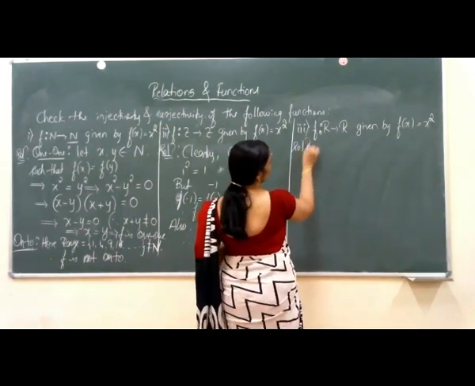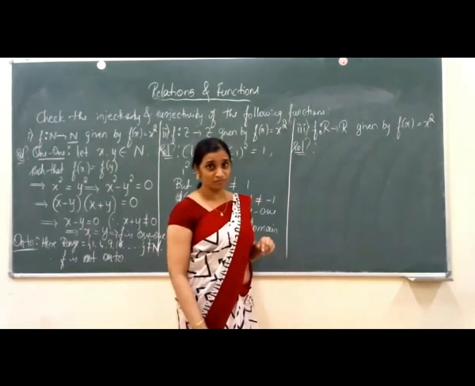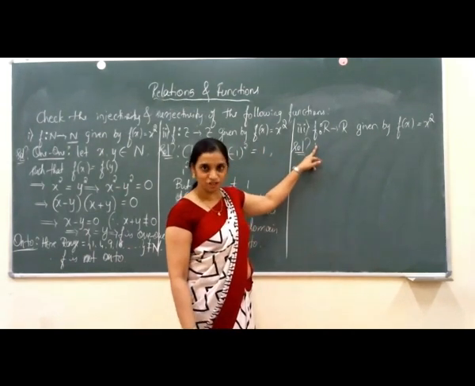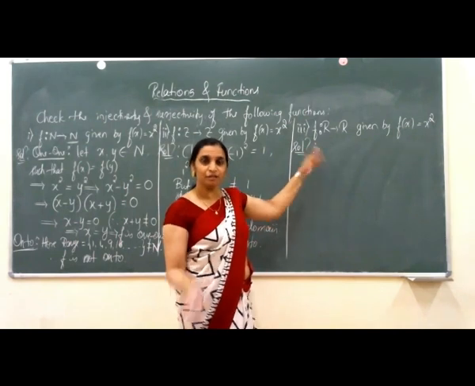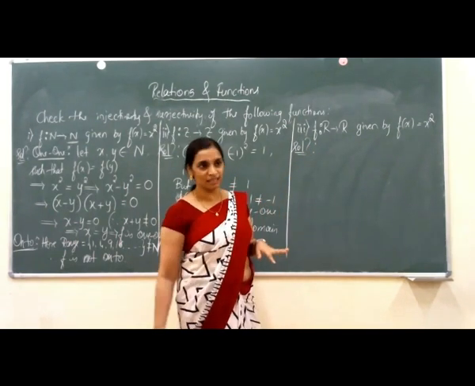Again, here also the function is not 1-1, because when we consider the function f of x is equal to x square, different elements have the same image.